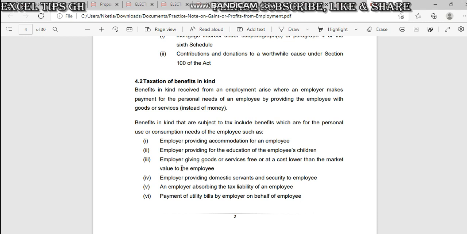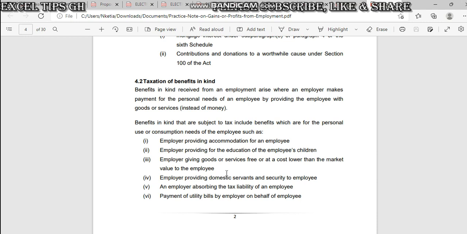And then when an employer provides goods and services at a free or at a cost lower than the market value to the employee, the value of the difference needs to be added back to the employee's salary so that it can be taxed.